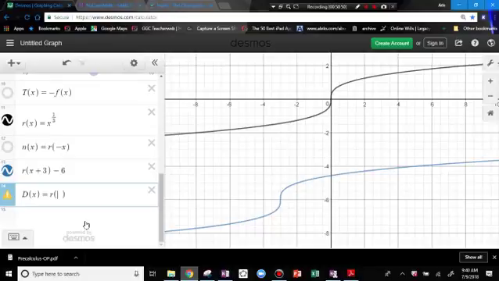Over the x-axis, 4 up, 2 to the left. What's that? That would be negative r of x plus 2, plus 4.